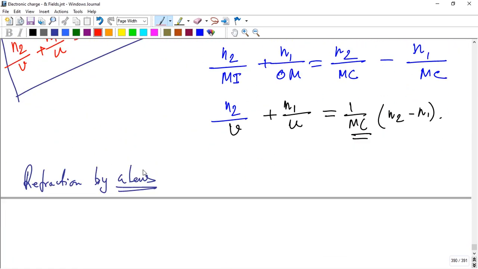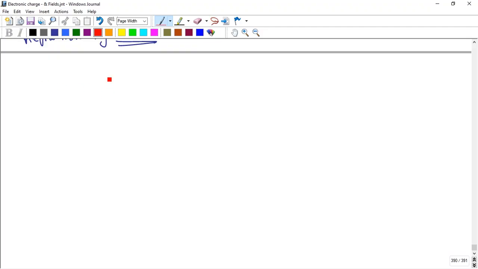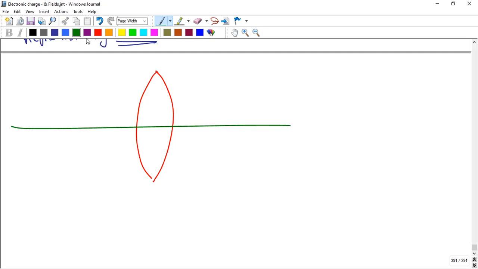Now we choose both surfaces of the lens. Here is the principal axis and here the object; the light falls here and forms an image.